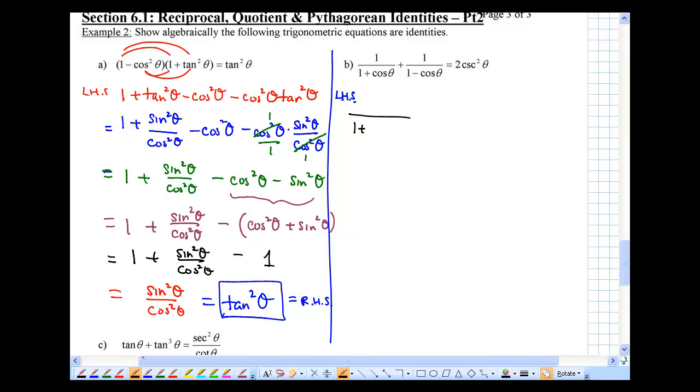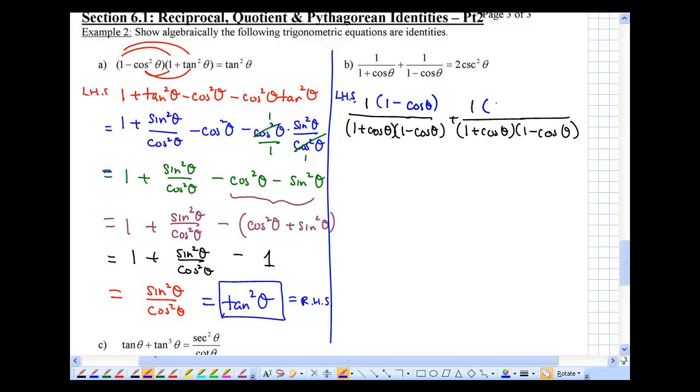And what would that be, you might be thinking? How about 1 plus cosine theta times 1 minus cosine theta? Okay? So go ahead and do that. Use your ideas of adding fractions to see what's missing on top. And then let's see what things simplify to.